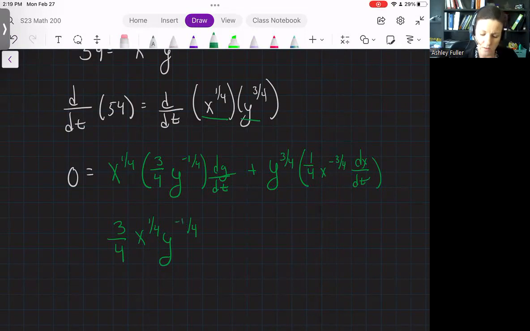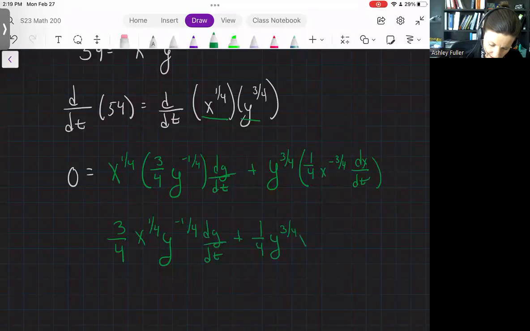When we subtract 1 from 3/4, we get negative 1/4. And then we still have our dy dt. And then we have 1/4 y to the 3/4 x to the negative 3/4 dx dt.